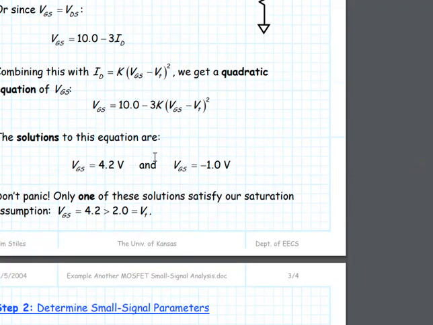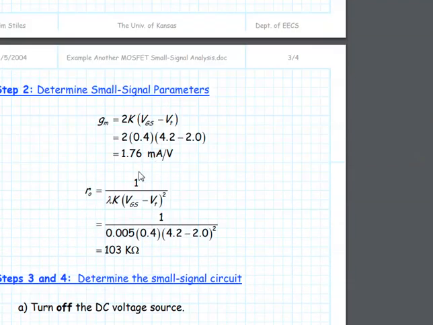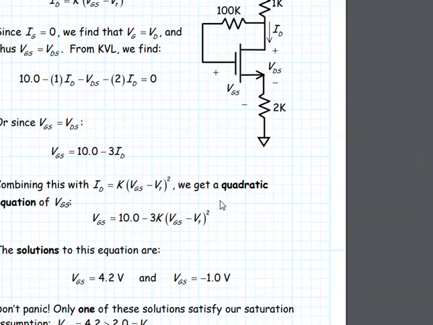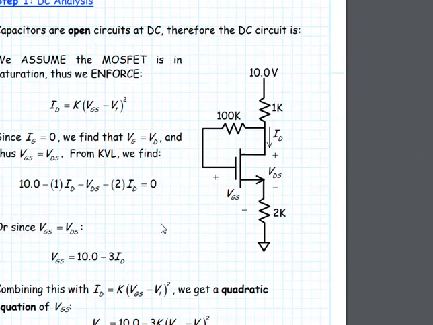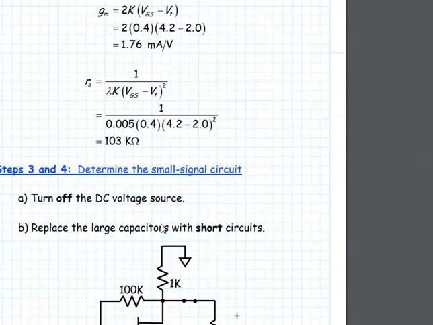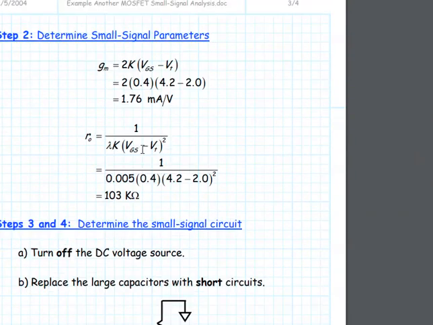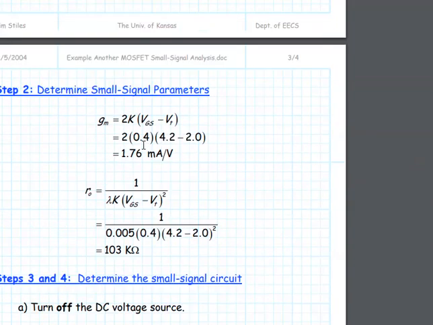The value of the RO is found using this formula, 1 over lambda K VGS minus VT. That's why here in the problem a lambda is given, but we ignore it. As far as we're concerned, we ignore this one, so forget about it. But in this solution, to have a completely accurate solution, we have considered this RO to be there.